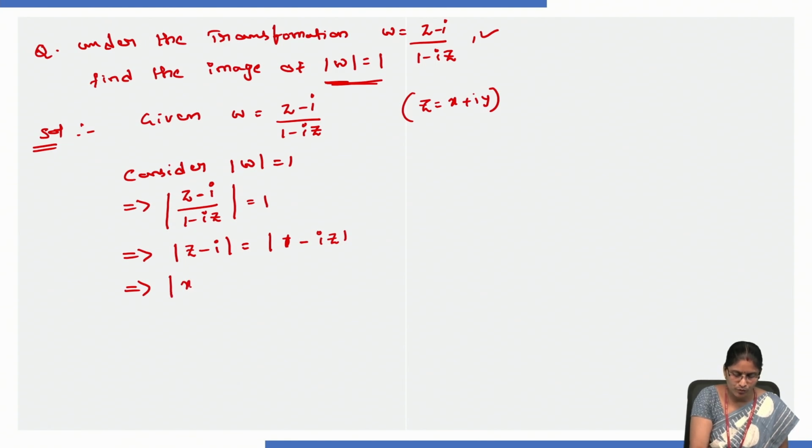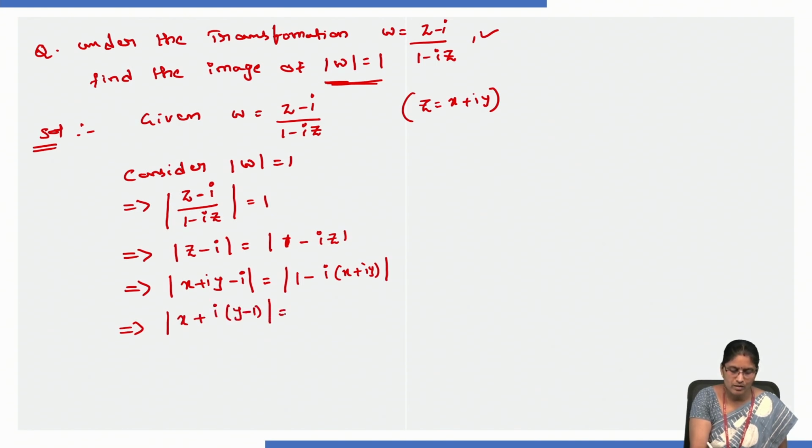In place of z, we have to take x plus iy minus i is equal to 1 minus i into (x plus iy), which implies x plus, take i common here, we get i into (y minus 1), is equal to 1 minus ix, i into i is i square, minus i square y.